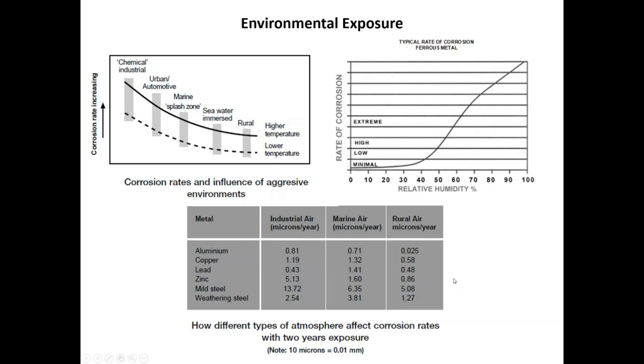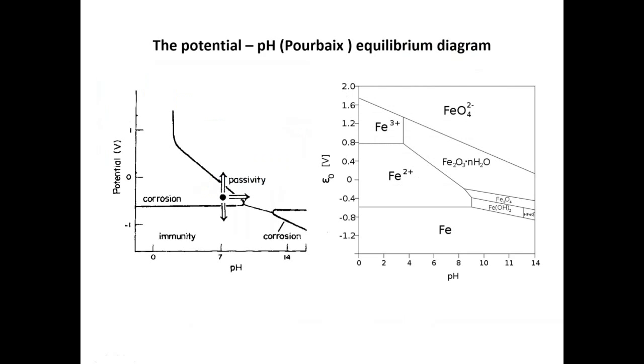So an industrial air versus a rural air, you can see the differences in the uniform corrosion rate for these various steel products. Now, this can actually be simulated and predicted by predicting the availability of ions or the oxidized states at various acidic conditions and potential.